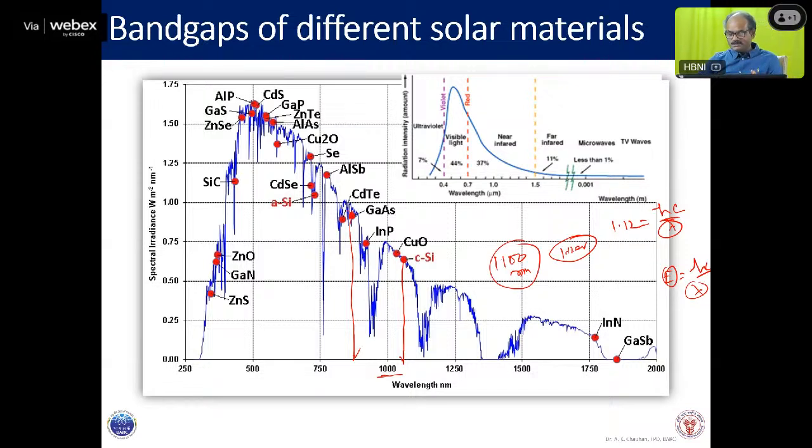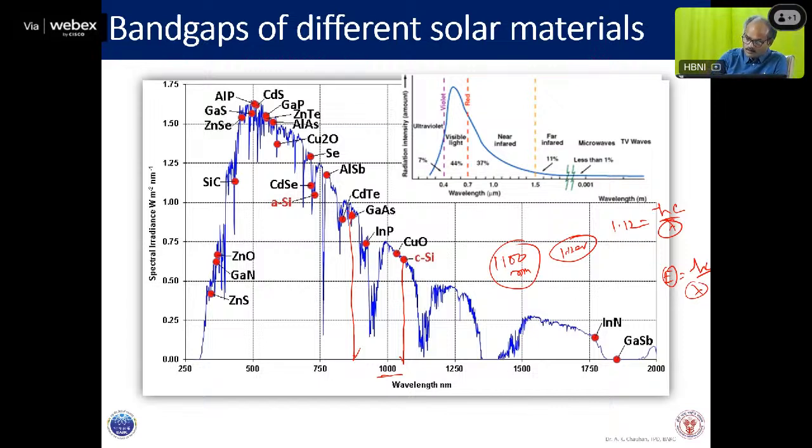Now imagine you have silicon and you are allowing the entire sunlight to fall over there. The thickness is sufficient, so there is no question that it is thin, it is very thick also.